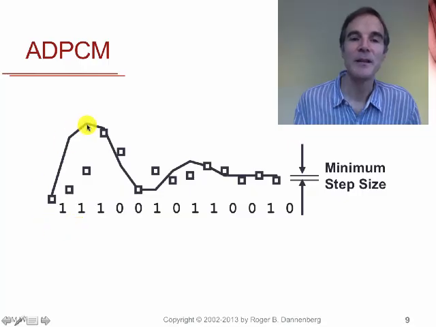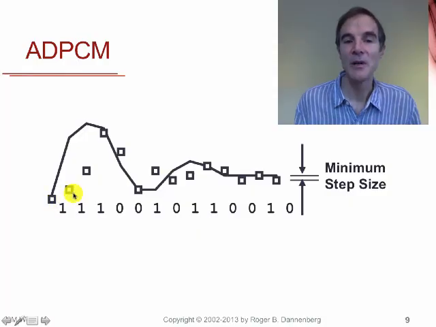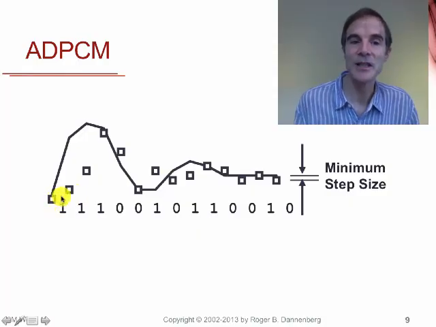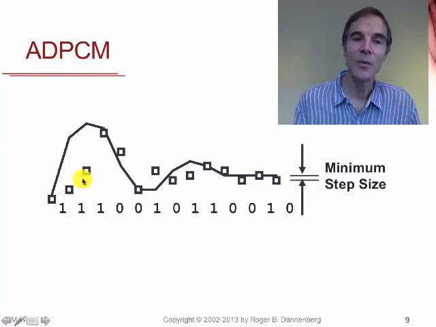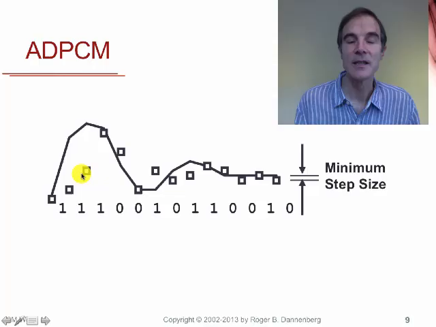We have the same signal that we're trying to encode. We are initially below the signal because the signal is increasing, so we output a 1. And when we output the second one, we double the step size. And when we output the third one, we double the step size again. So if we are outputting a sequence of 1s, or for that matter, a sequence of 0s, the step size will increase.